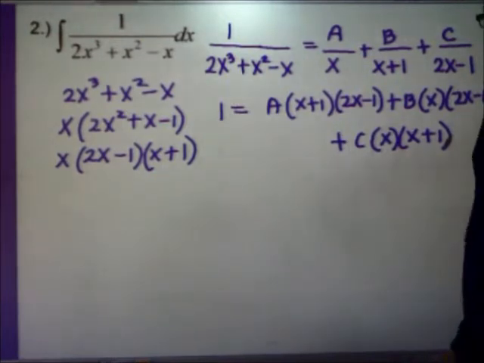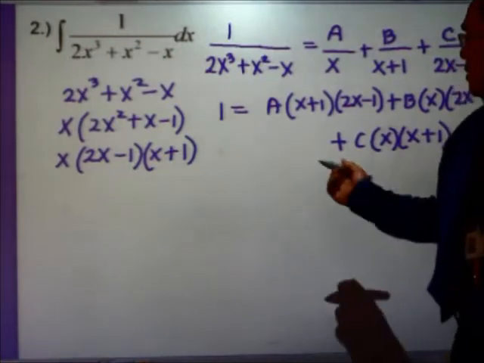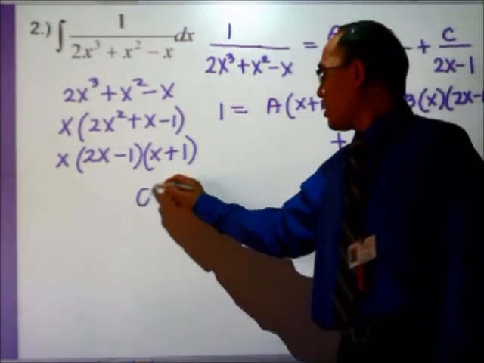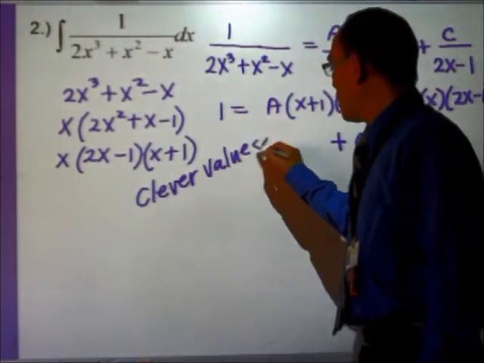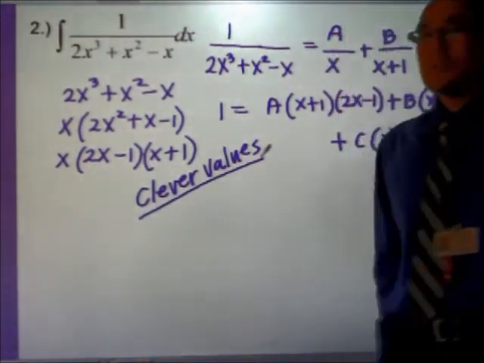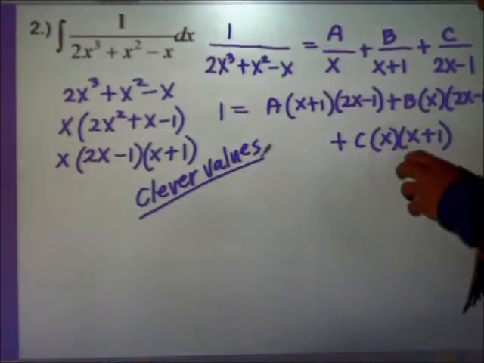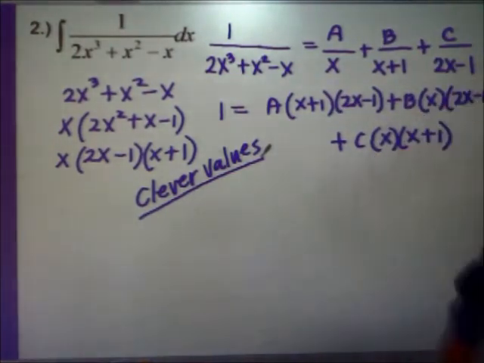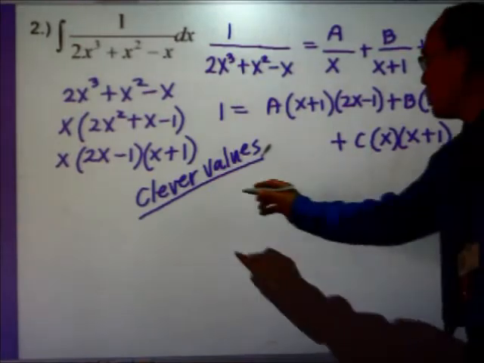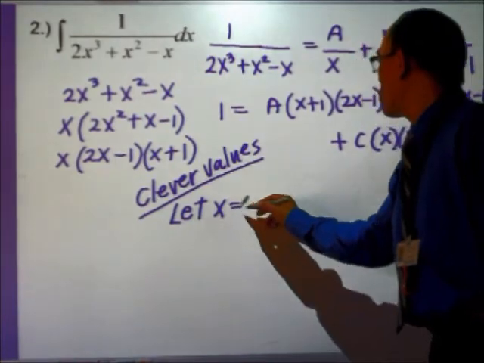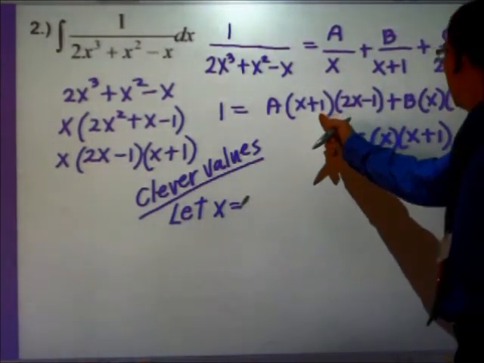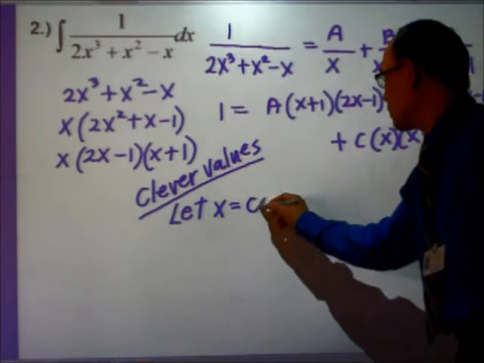Now, how do we find the values of a, b, and c? We can actually assign what we call clever values. Okay, the purpose of using clever values of x is to zero out some of the terms here. For example, we will let x be 0.